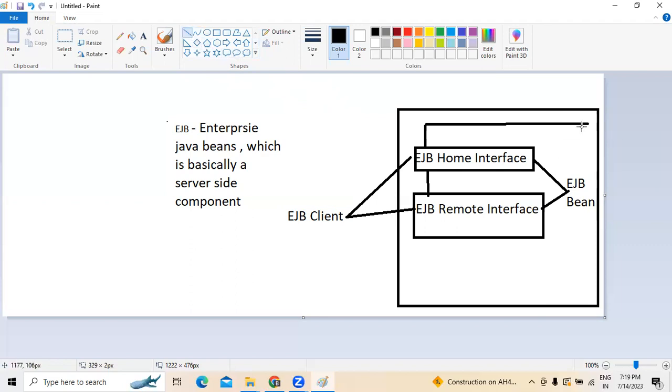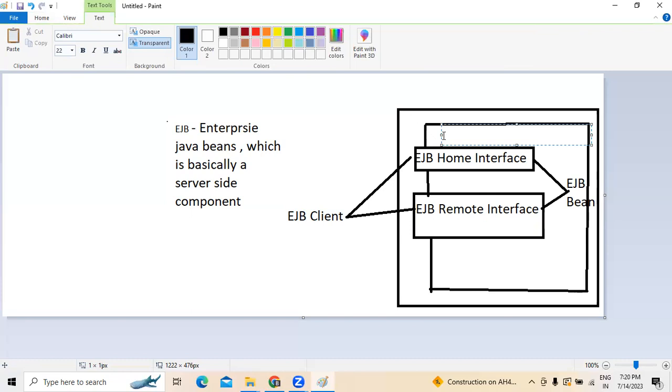Along with this, this is how these containers will be created over here, where this can be created like this. This is where EJB containers come into the picture. This is generally what an EJB container is all about.